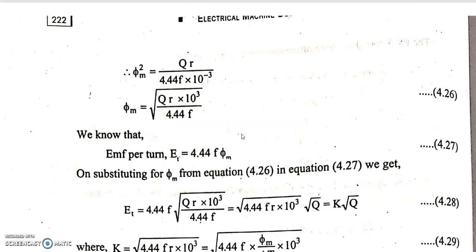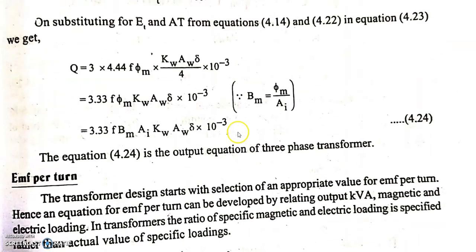So today we have discussed two topics. One is the output equation of three-phase transformer, the kVA output equation of three-phase transformer, Q as 3.33 φm f Kw Aw or δ into 10 to the power minus 3, whereas this Kw is the window space factor. And in terms of flux density, this φm will be replaced as Bm into Ai.